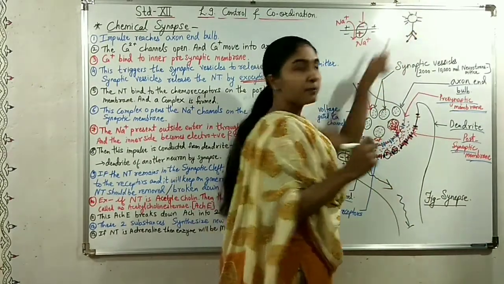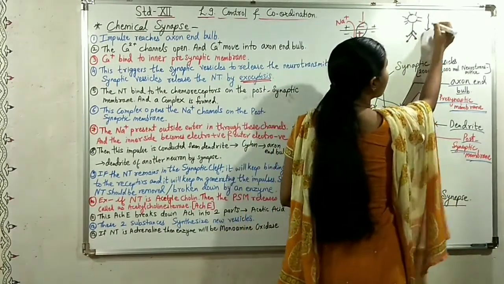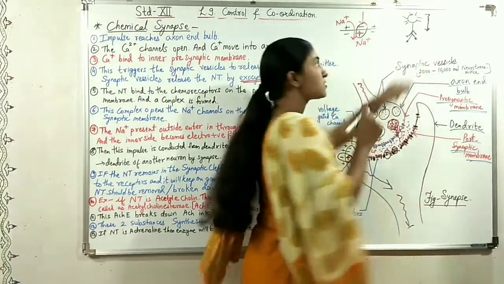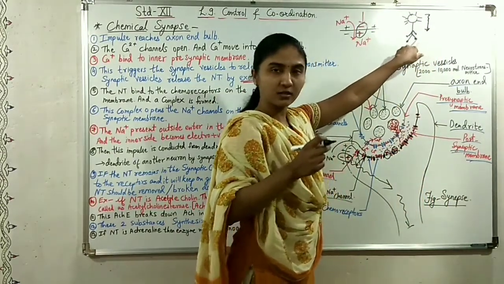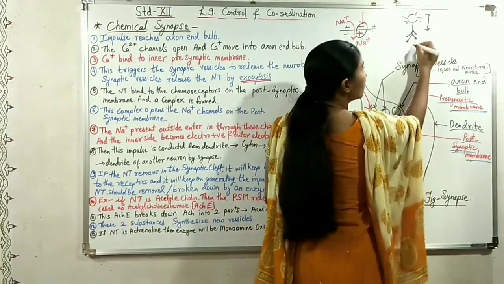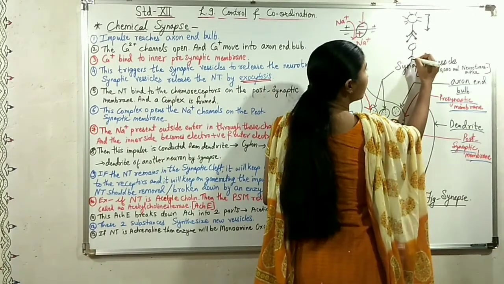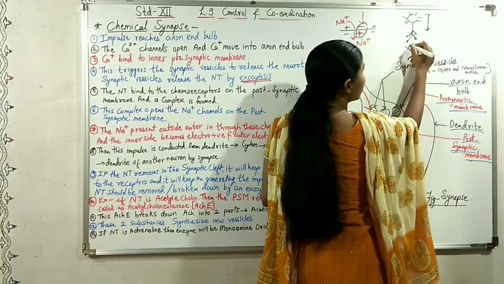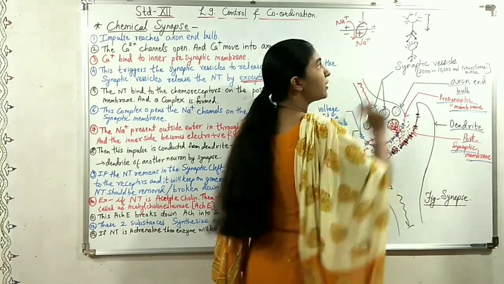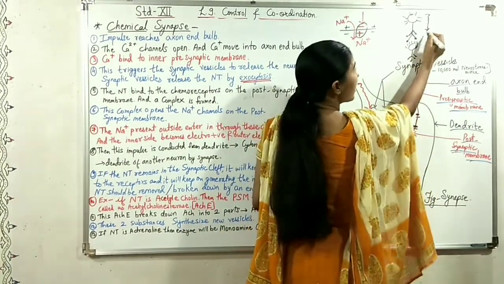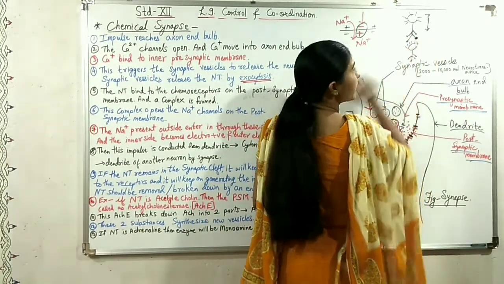Now if the impulse is traveling from this neuron to another neuron, suppose this is another neuron, these are the dendrites. Here the impulse has been transmitted to the axon end bulb.